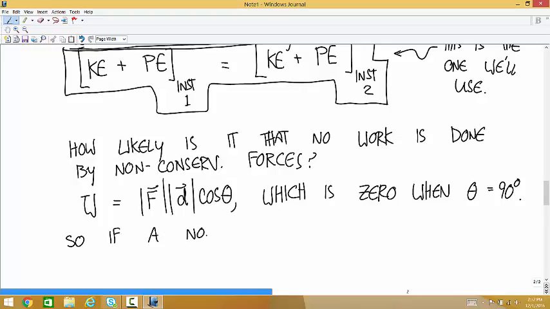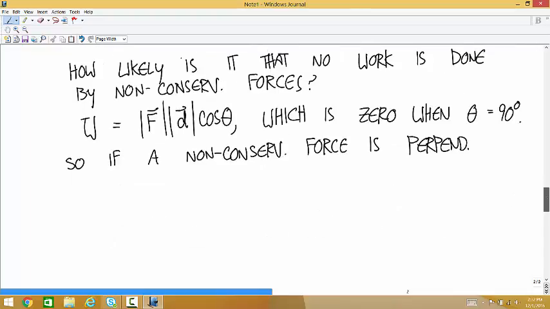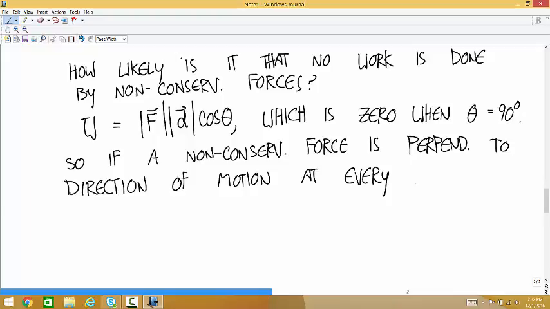So if a non-conservative force is perpendicular to the direction of motion at every instant, that force does zero work.